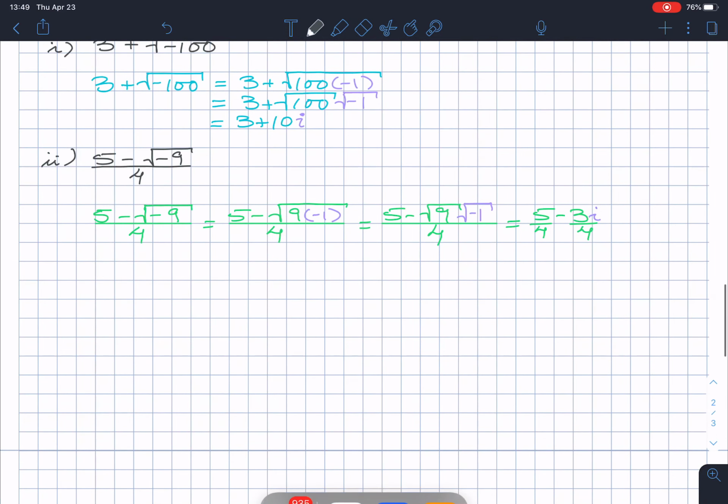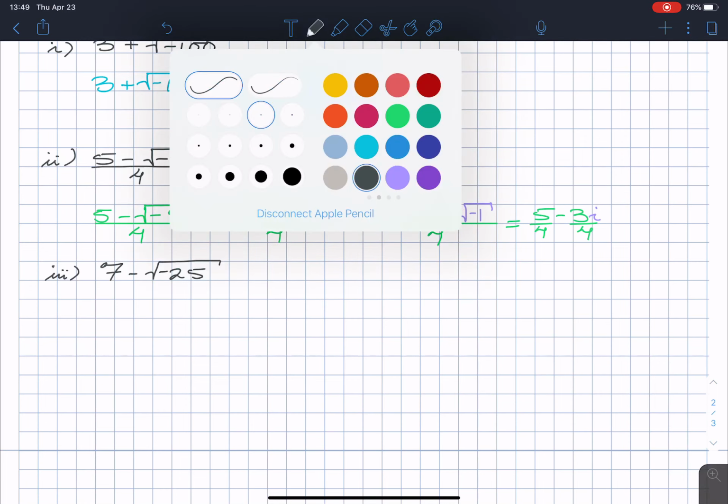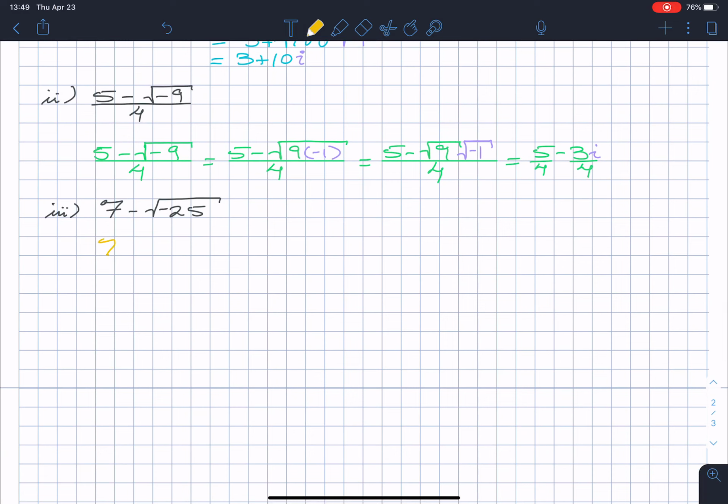Let's do number 3. 3 times the charm, 7, not z. 7 minus the square root of negative 25. Okay, so I have 7 minus the square root of negative 25, which will be 7 minus the square root of 25 times negative 1, which is 7 minus the square root of 25 times the square root of negative 1.